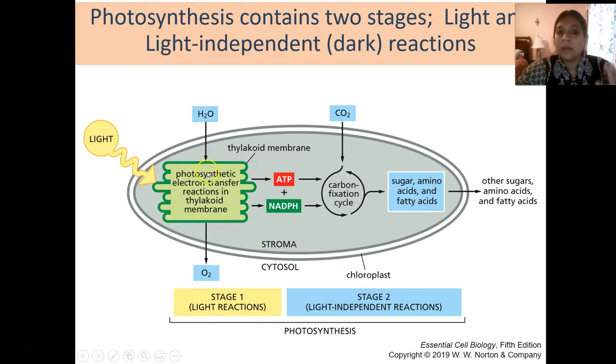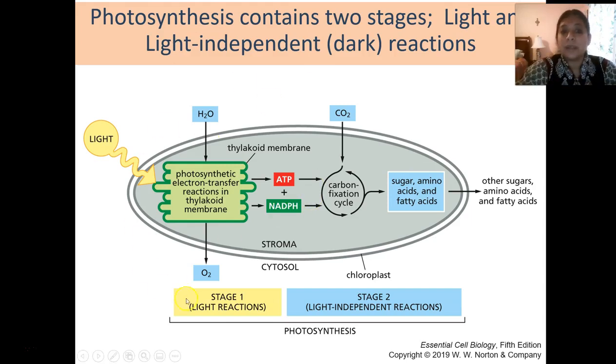The thylakoid membranes take in that light and produce ATP and NADPH from it, which is used in the second part of the cycle, the light independent reactions, to give you the final sugar molecules or the amino acids and the fatty acids.